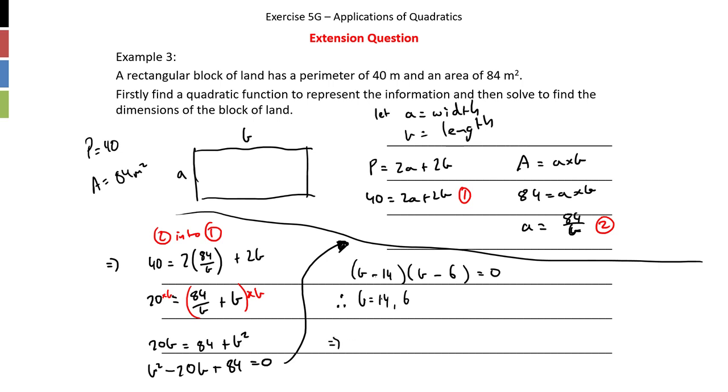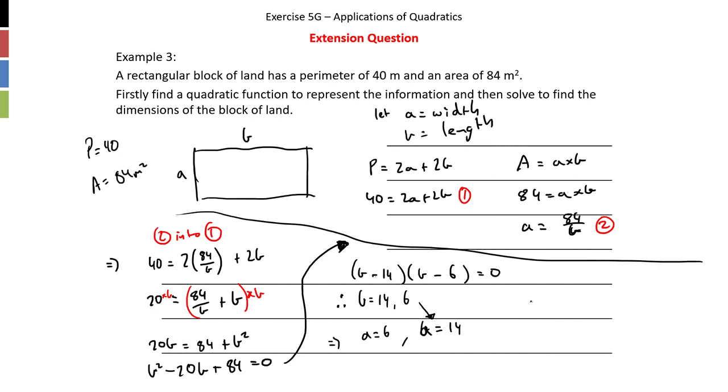It follows on. Then if we use b equals 14, a will be equal to 6, or if b is 6, a will be equal to 14.